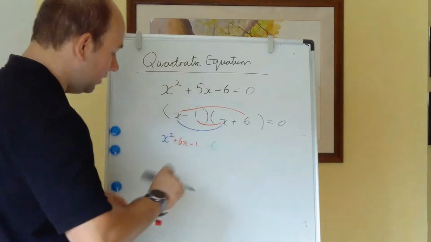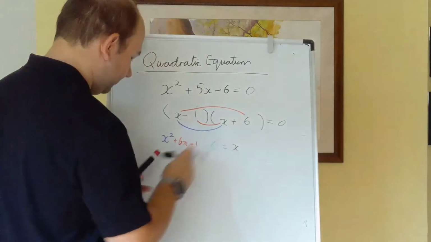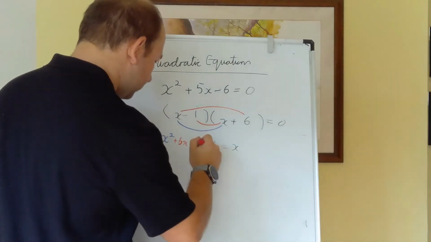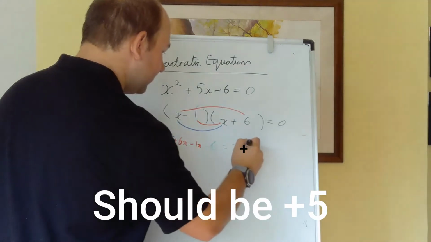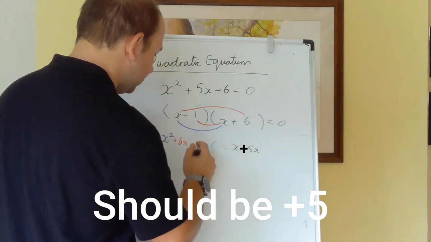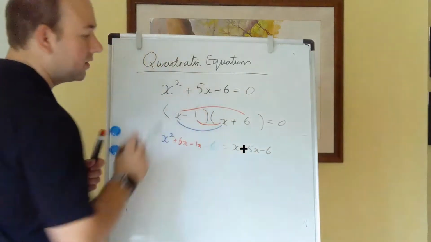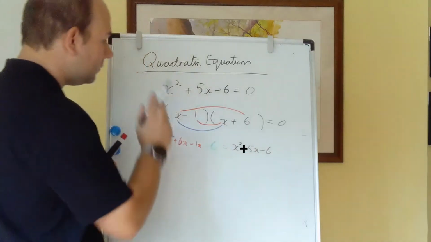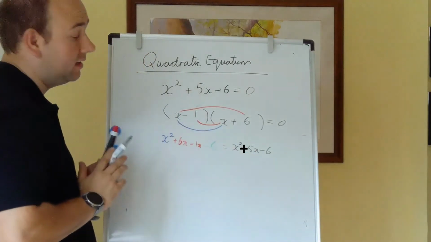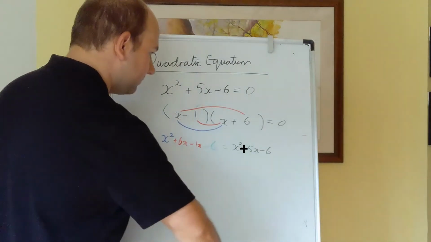We can now just look through this and just check. So we've got x squared. This should be minus 1x, plus 6x minus 1x is minus 5x, and minus 6. So we've got back to our original form, so we have checked against ourselves, and we know that we've factorised this correctly.